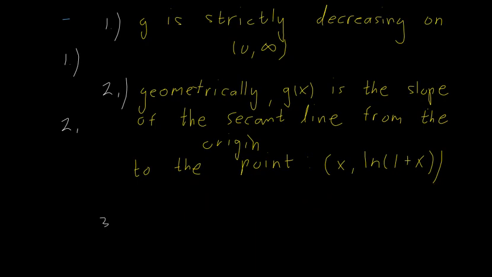And then number 3, that the secant slope decreases, right?